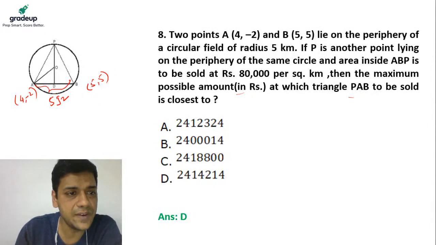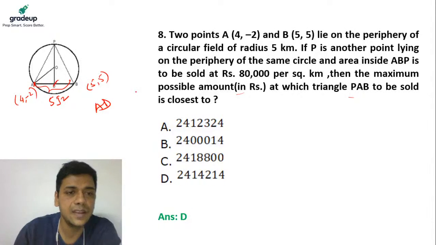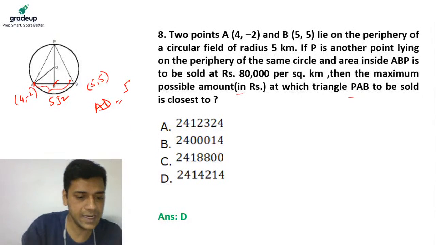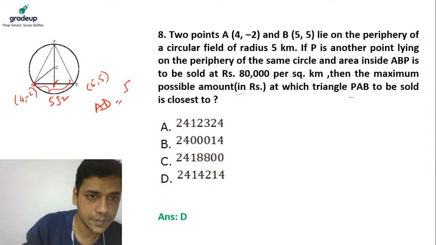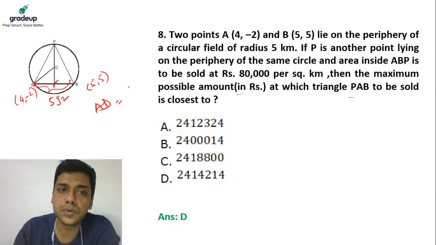Now, if this is 5 root 2, can I say AD, which is this part, would be 5 upon root 2?